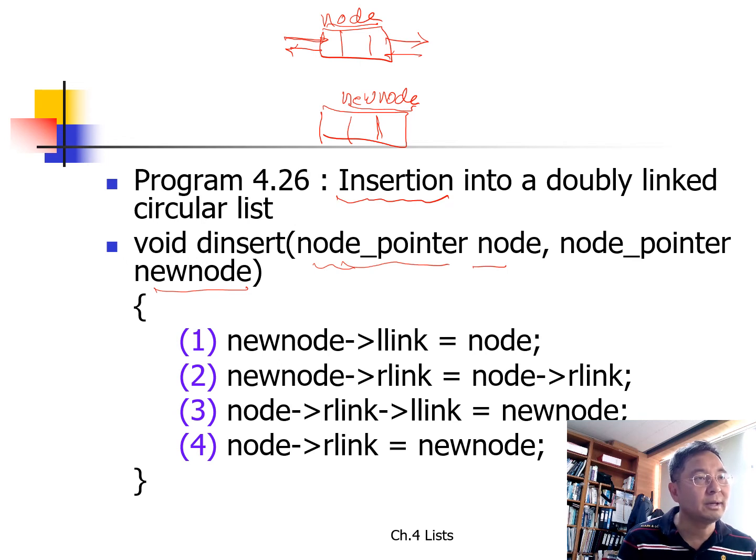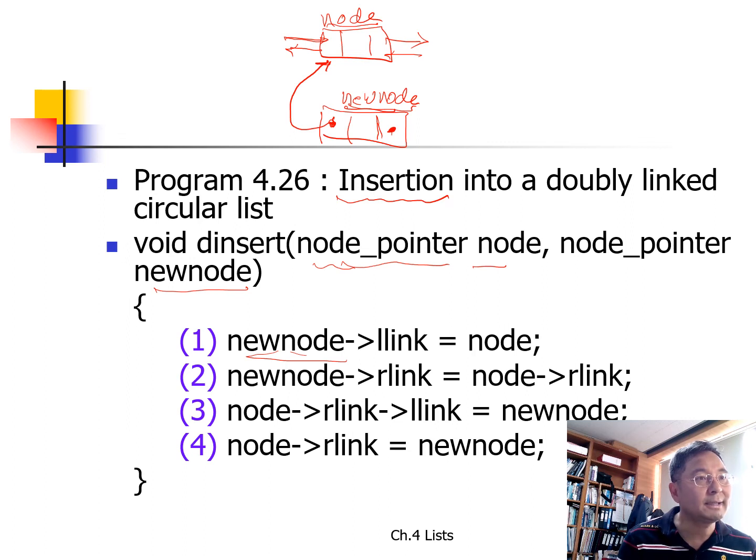Then how can you adjust the link fields? First you must adjust the link fields of the new node. The new node's L link must point to the node, yes, because the previous node of the new node is the node.